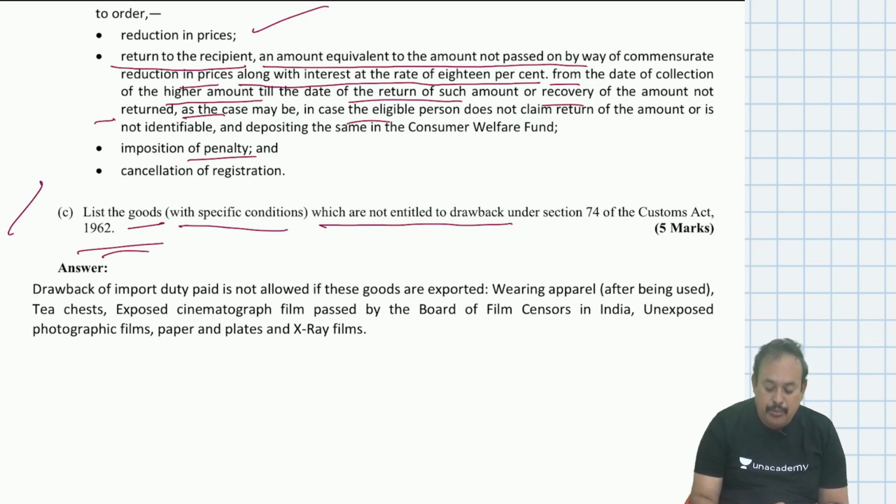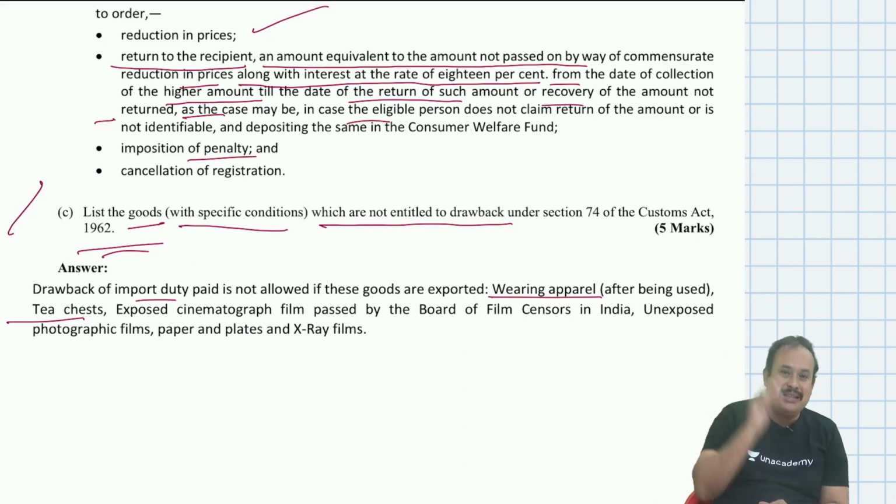Drawback of import duty paid on imported goods exporting as such is not allowed if the goods are exported wearing apparel after being used. After being used, exported back the wearing apparel, then duty drawback not allowed. Tea chest, duty paid on import of tea chest exporting back after use or without use, as the case may be, duty drawback not allowed.